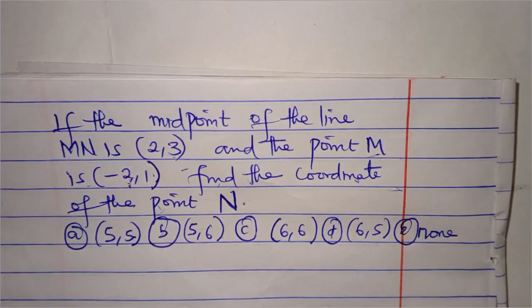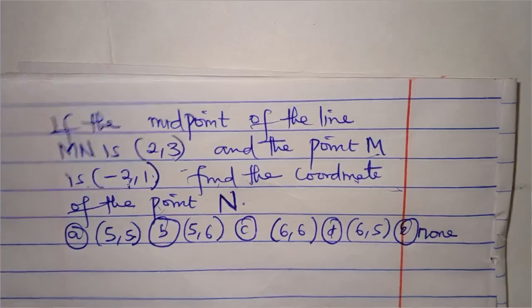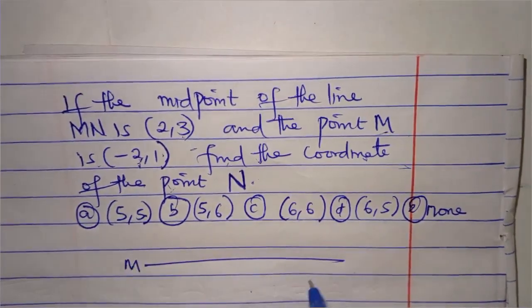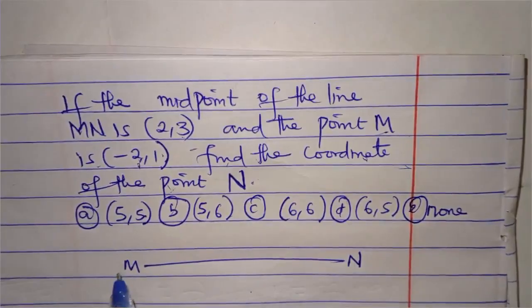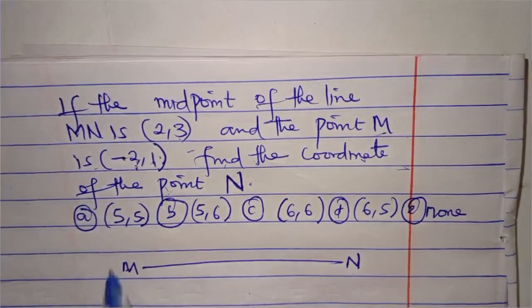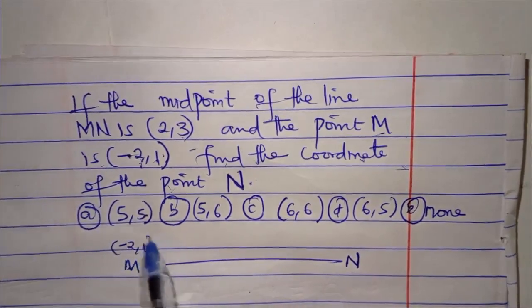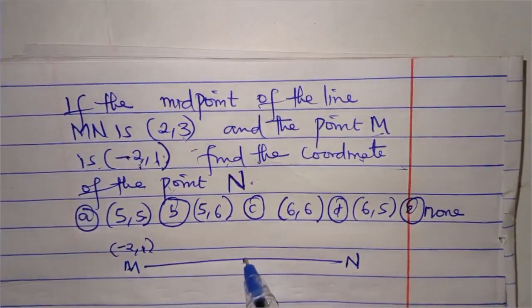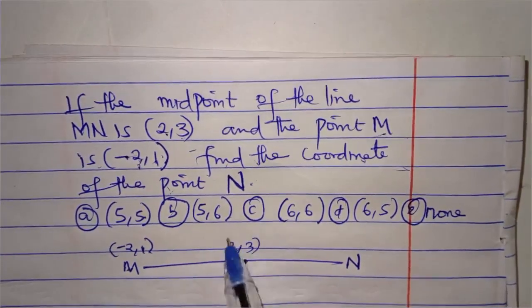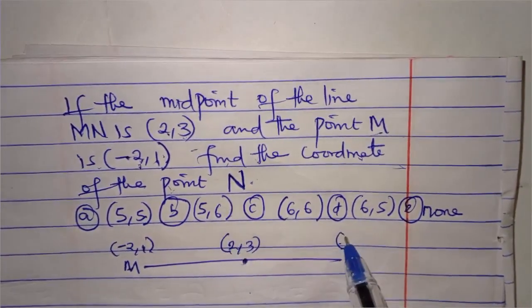So actually the line MN has its endpoints at M and N. It's like a line segment M and N. So M has the coordinates minus 2, 1. The center point, which is the midpoint, has this coordinate 2, 3. Now, what is the coordinate of this N?